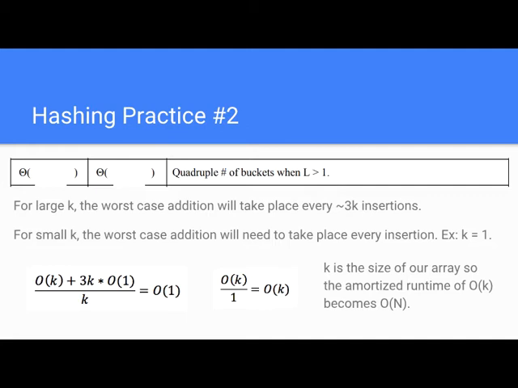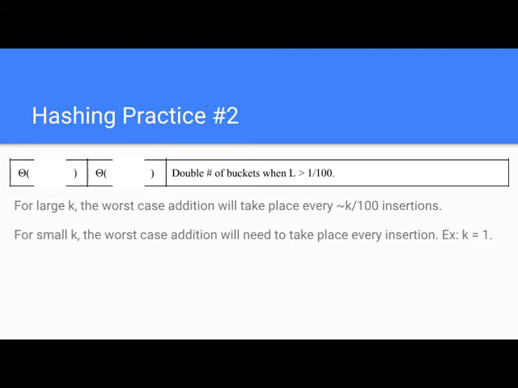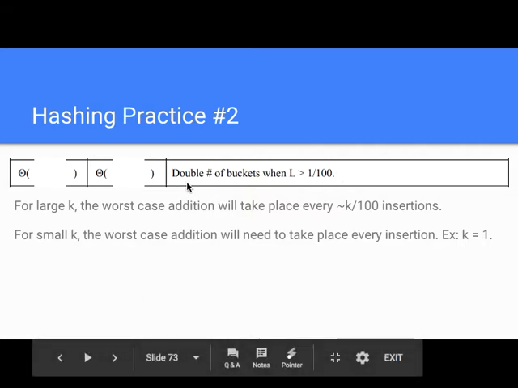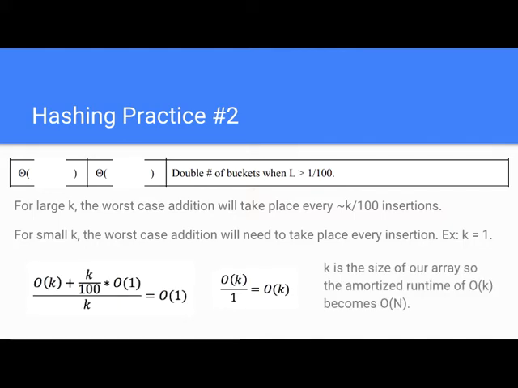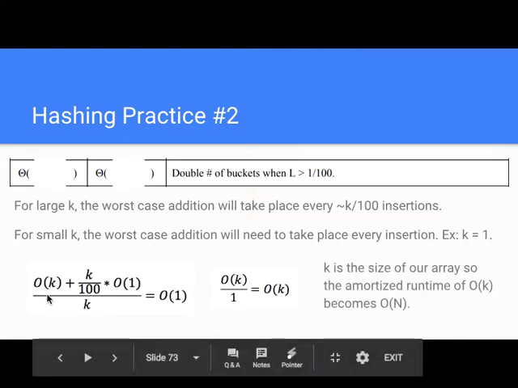The next one is pretty similar. Same kind of thing, except in this case we double the length of our array for every k over 100 insertions, with a load factor of 1 over 100. So we have a resize of big O k.